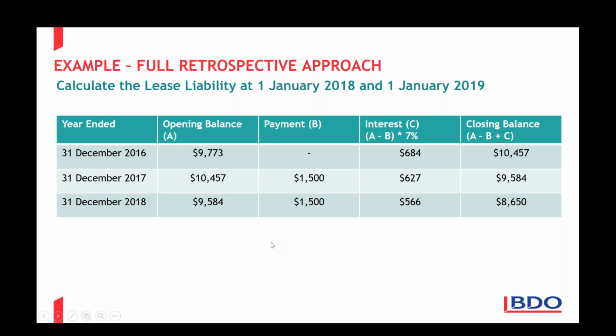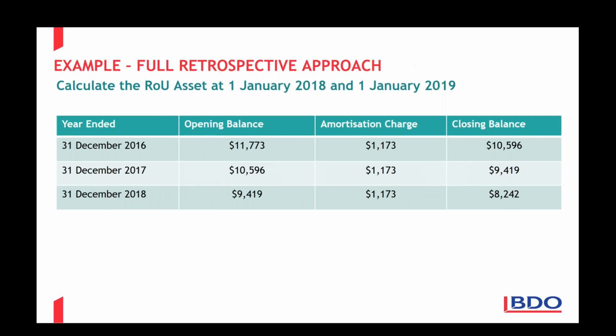Now, I've done it up to the end of 2018 because we are going to implement this new standard on 1 January 2019. So I need the numbers at the end of December 2018 to do that transition. So that's step three. Step four is to work out the right of use asset at each date.